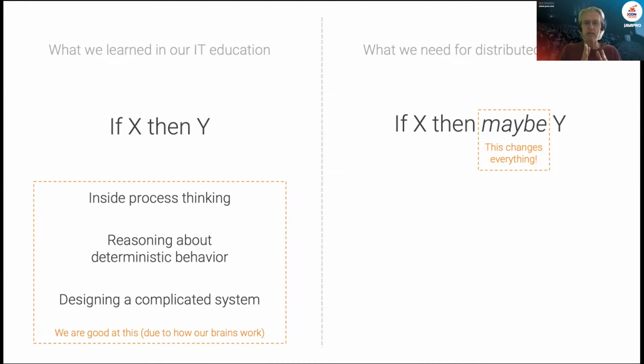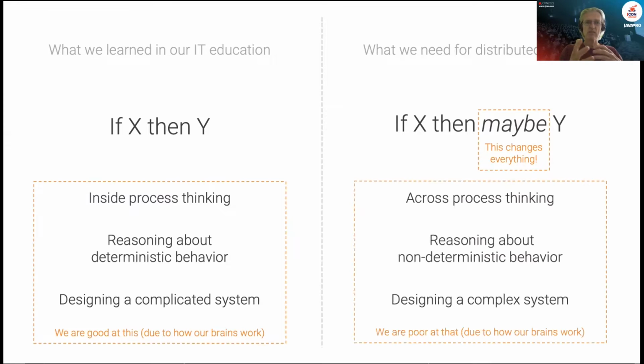And this maybe changes everything, basically, because now pure deterministic reasoning doesn't work anymore. So you need to think across process boundaries, cross-process thinking, and non-deterministic behavior. You have to deal with complexity, with probabilities and all that. And we're really bad at that. And almost nothing in our education trains us for that.